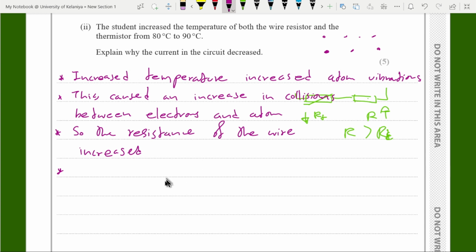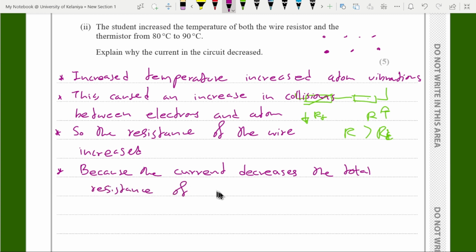Here current is decreasing, so you have to mention that because current decreases, the total resistance of the circuit must increase.